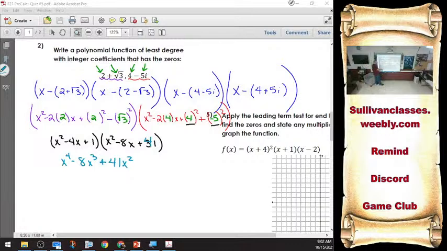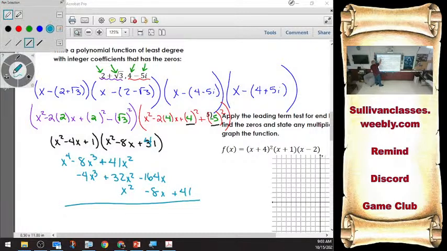Okay. So, -4x times all the stuff is a -4x cubed, a positive 32x squared, and a -164x. Take a 1 times all the stuff, get x squared minus 8x plus 41.